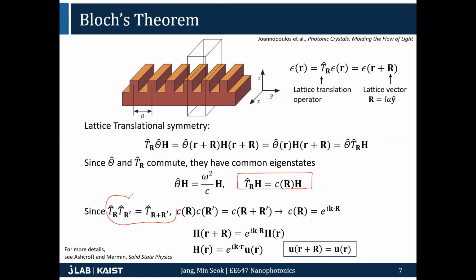What we are going to do is first focus on this equation and apply this property. T_R' changes r to what? r plus R', right? This is the translation operator. And if you apply T_R to this, that gives you r plus R' plus R. So consecutive operation of T_R' and T_R is equal to T of R plus R'.